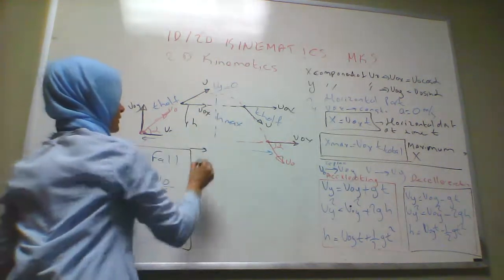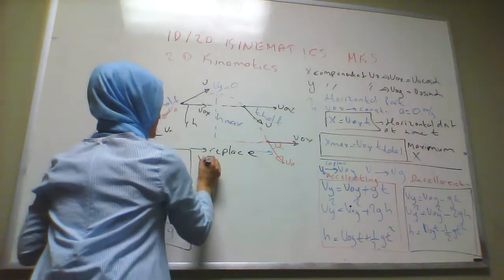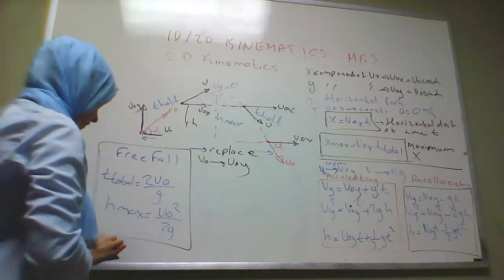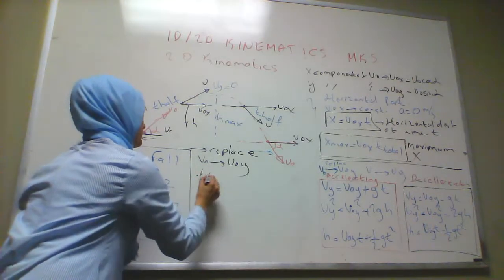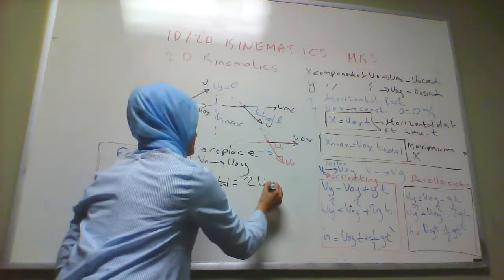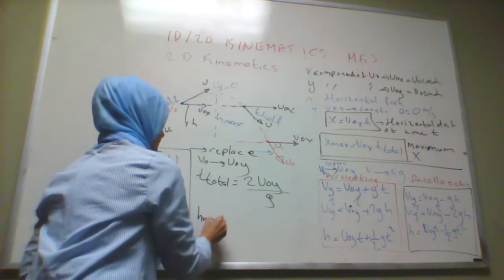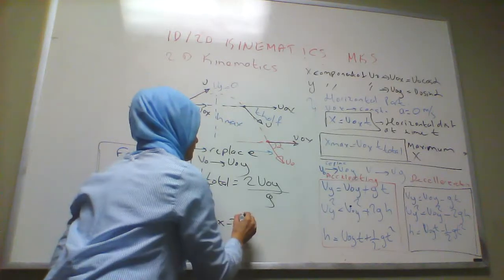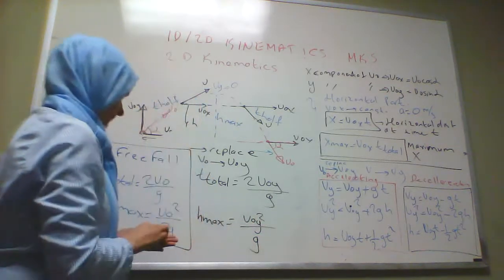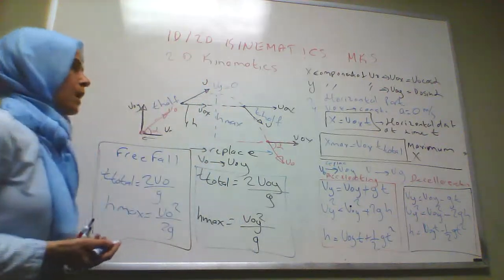For the 2D motion, we replace again v0 by v0y. The same equations will be used. So we will have t total is equal to 2 times v0y over g, and h maximum is equal to v0y squared over 2g. And there you go, your useful equations.